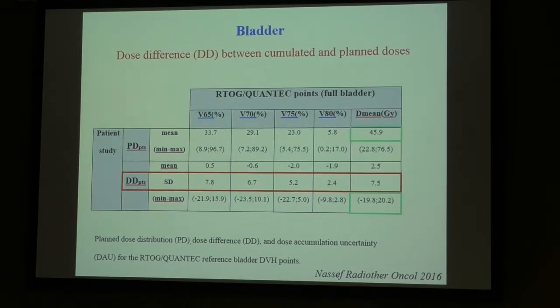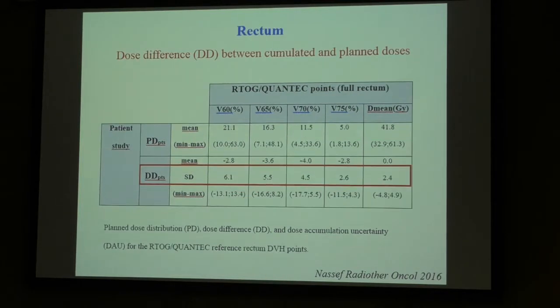It's a huge difference. It means that really your planned dose for the bladder may not represent what happens during treatment. And coming back to the issue of predicting toxicity, it raises the question of what it means to work on all these planned doses if such things appear. A 20 gray difference between the planned and the delivered dose is not 0 point something gray. It's a lot.